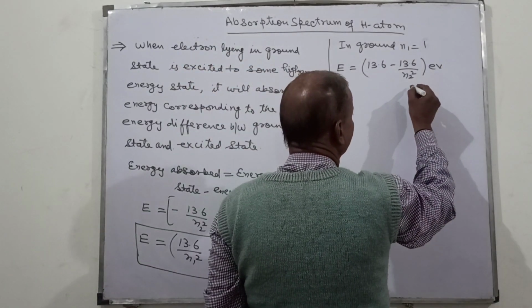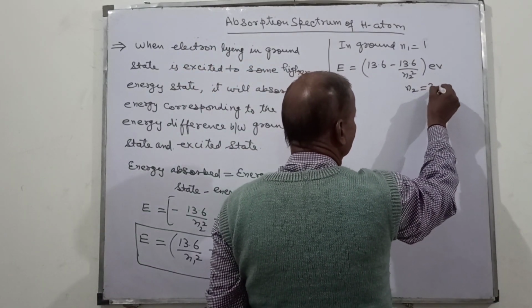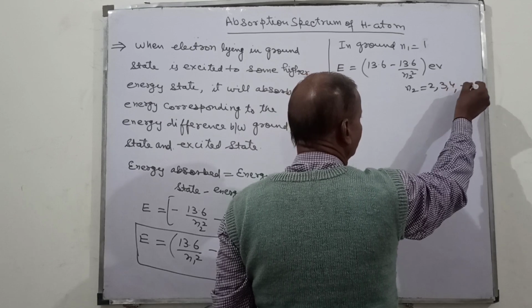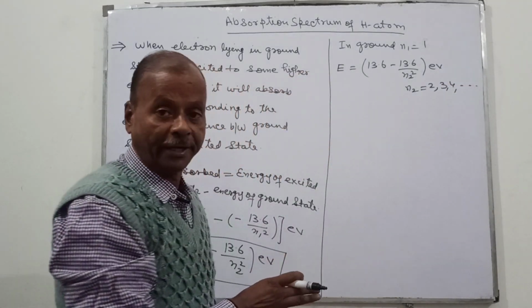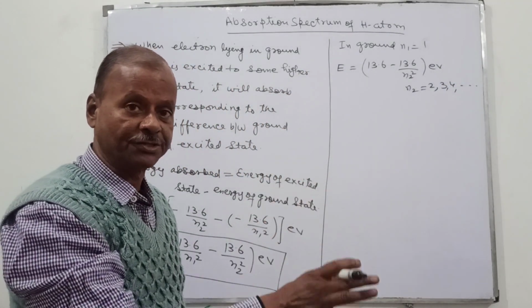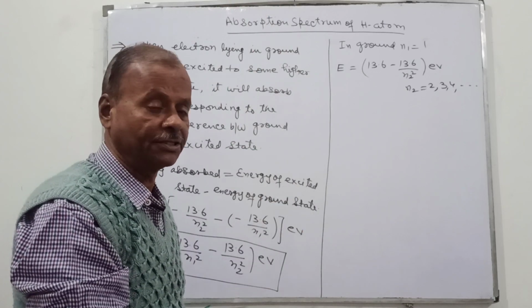So the electron has to be excited from the ground state to some higher energy state.